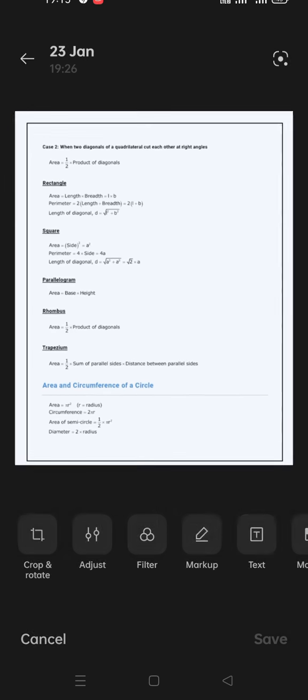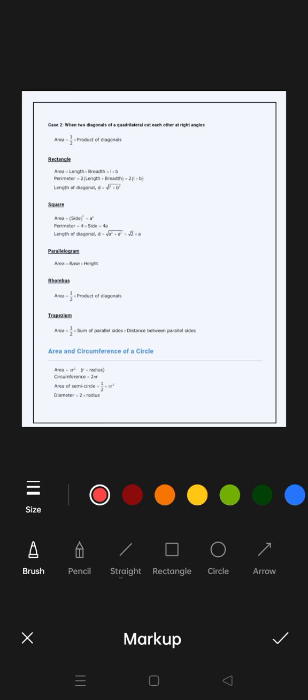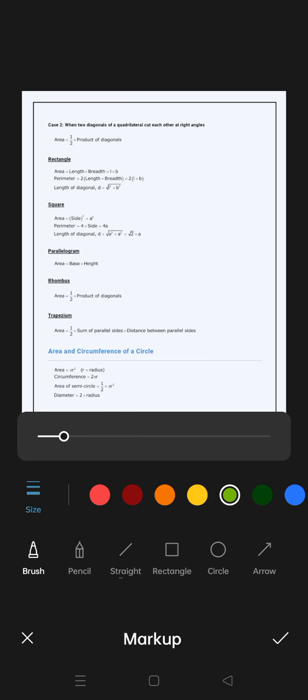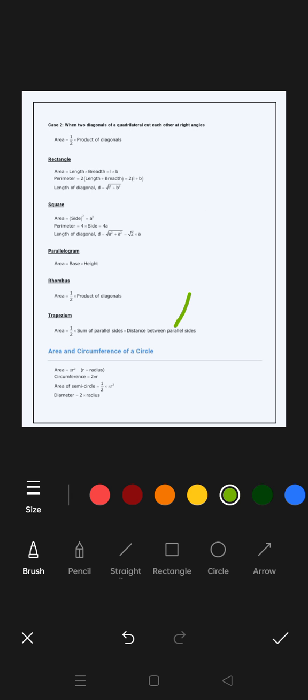A trapezium looks like this. This is your trapezium, right? The area of a trapezium is 1 upon 2 multiplied by the sum of the parallel sides multiplied by the distance between them.